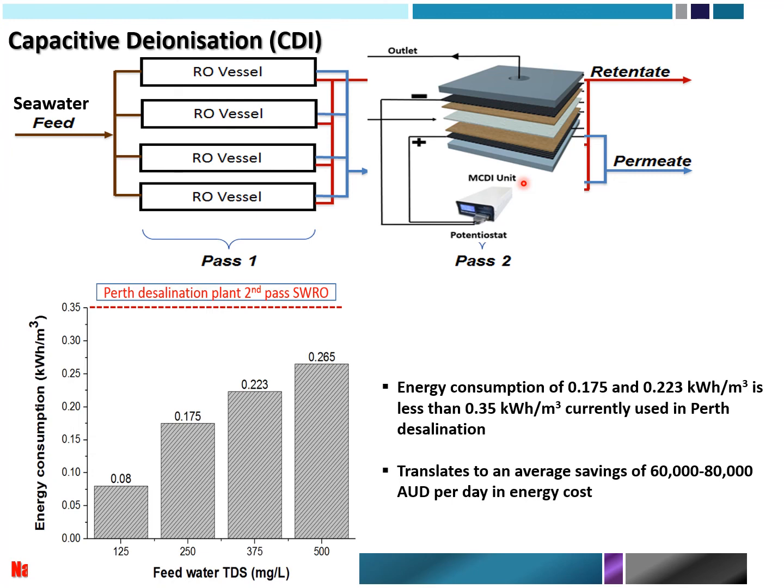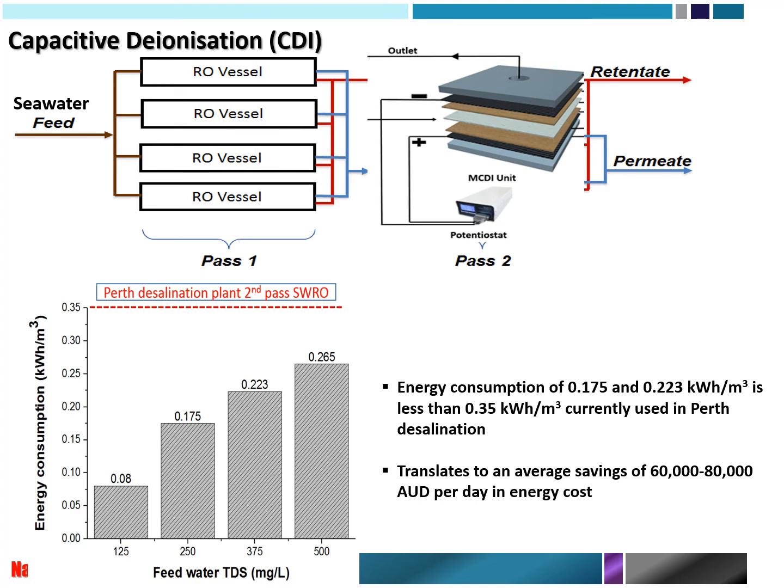So for energy consumption, we compare the different feed water after the first pass, and the energy consumption of 0.175 and 0.223 kilowatt hour per cubic meter is less than the 0.35 kilowatt hour per cubic meter currently used in pulse desalination.